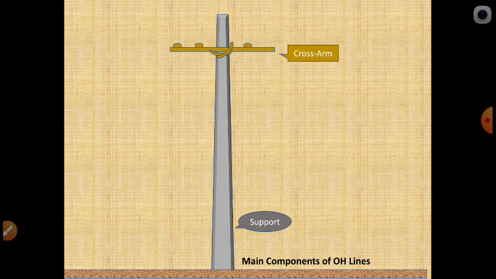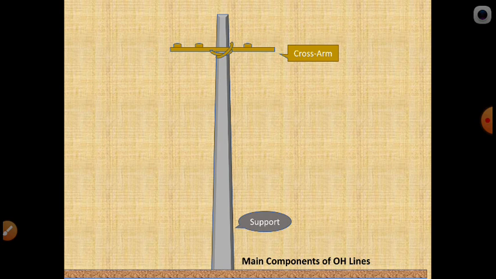Sometimes we use V-shaped cross arms also. MS type, mild steel material, is generally used. Then there are the R phase, Y phase and B phase, and another is the neutral. For the neutral, there is no need of insulation.